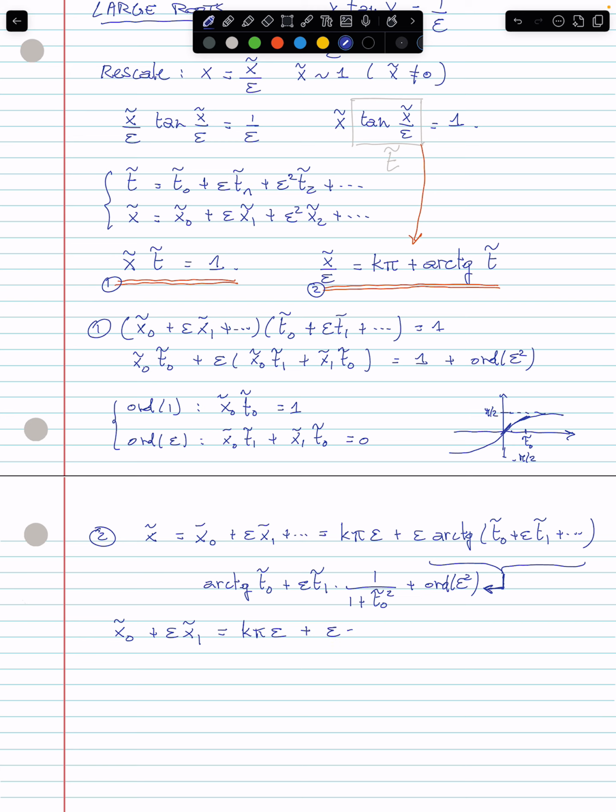So we have epsilon arctangent of t0. And actually already remaining terms are of order epsilon square. Okay, so what do you observe here? We need a leading. And we need the first correction, right? We're going to write the equations like this.